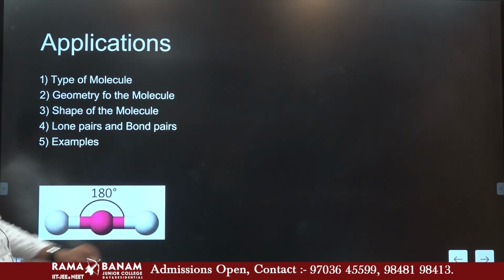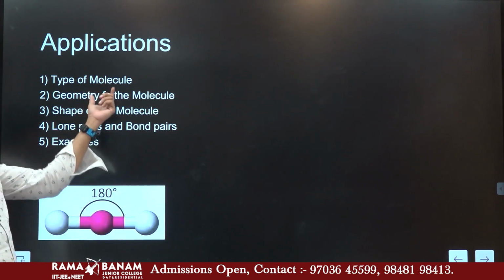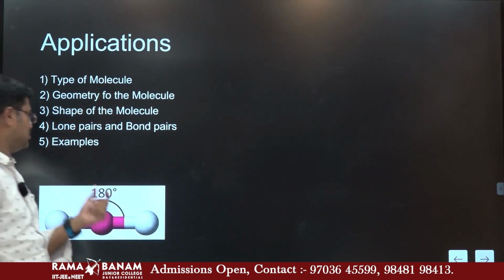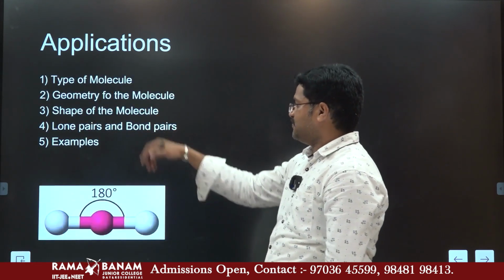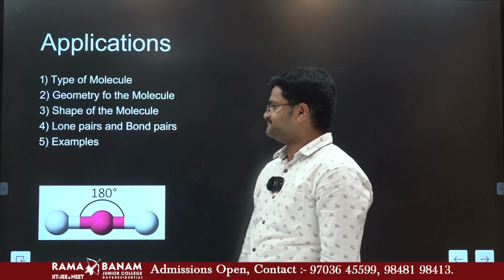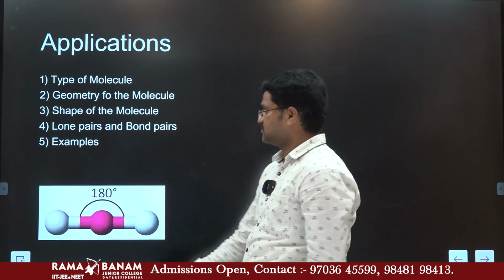This is the first application: the type of molecule, geometry of the molecule, shape of the molecule, and how many lone pairs and bond pairs are present on the central atom, and examples.